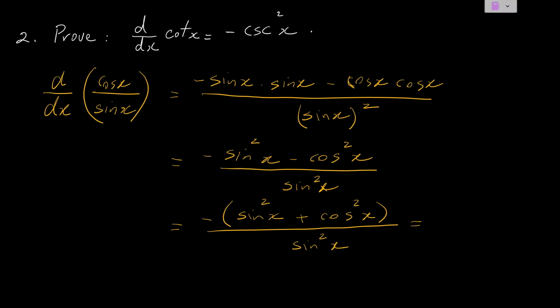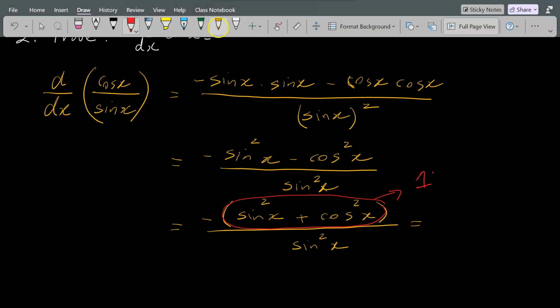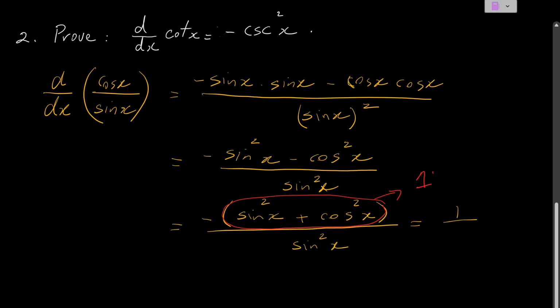Now, we know that sine squared x plus cos squared x, this is the Pythagorean identity again. So that is 1. And we have a negative here. So the final answer on that one will be 1 over sine squared x, and there's a negative in front because there's that negative right there.